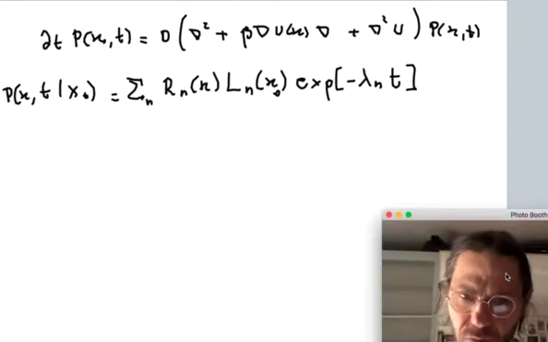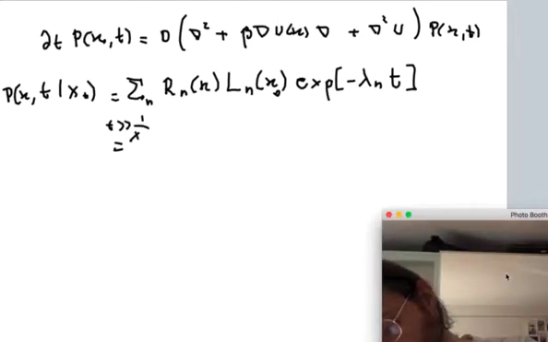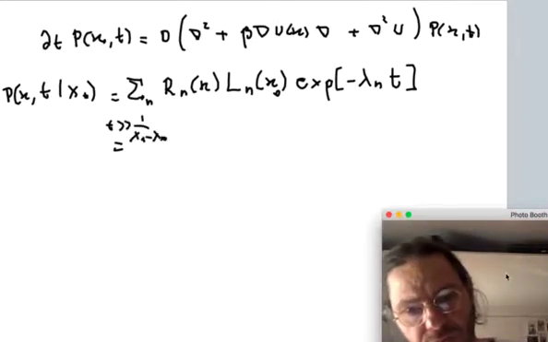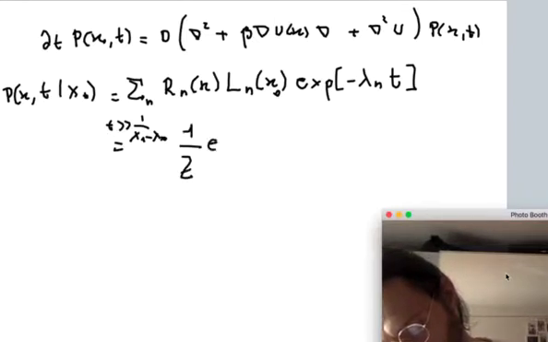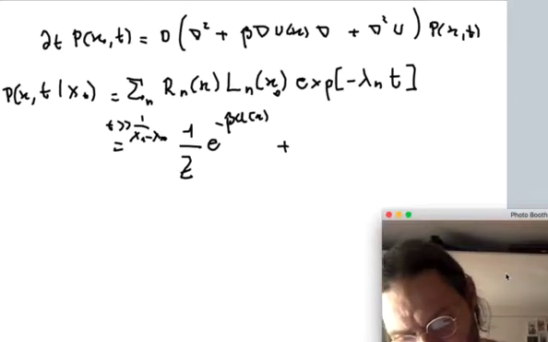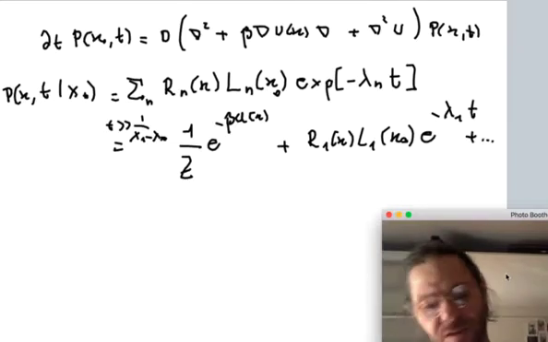And one of the consequences of this spectral representation that we investigated was that in the long time limit, so t much larger than, say, 1 over lambda 1 minus lambda naught, this could be written as a Boltzmann distribution or Gibbs distribution, plus a correction term, which I write here like R1 of x, L1 of x naught, e to the negative lambda 1 t, plus other corrections.